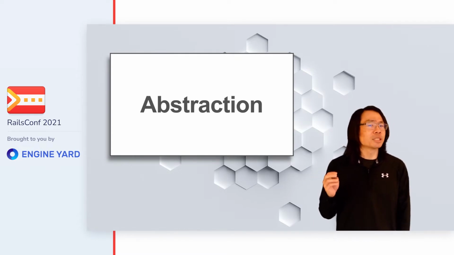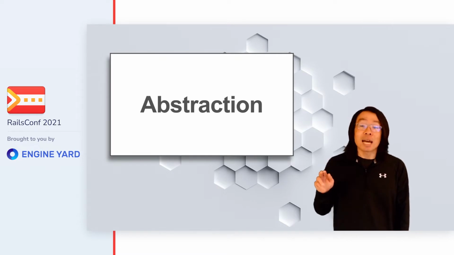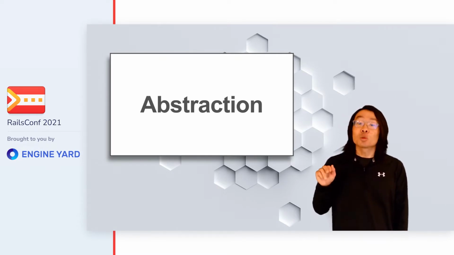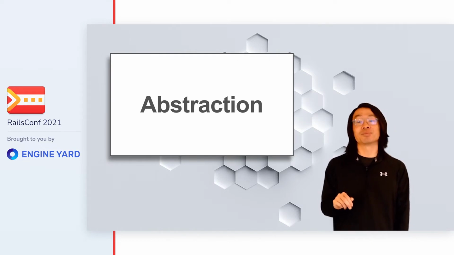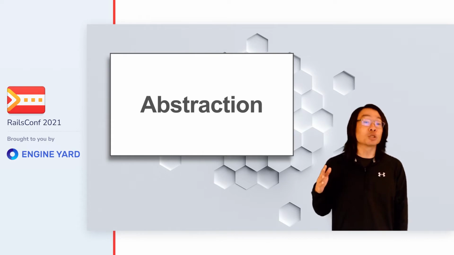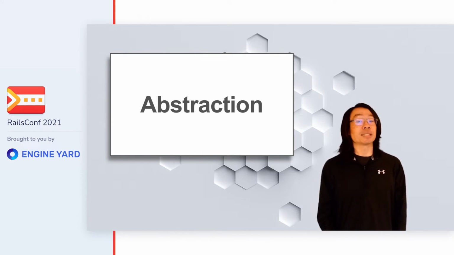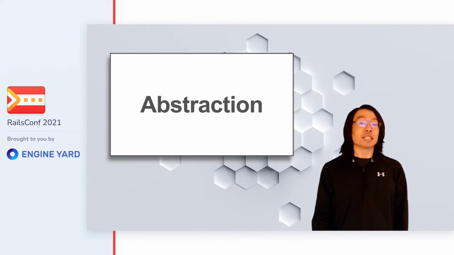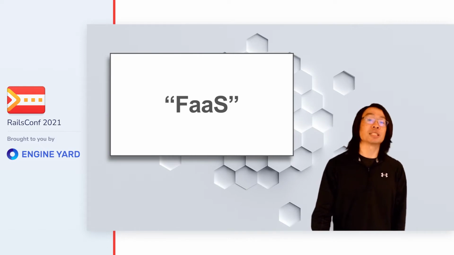And it's crucial to understand this, because what's happening today, with these new hosting products, is they're creating new infrastructure abstractions, and we have to understand that in order to understand how and when to use them. So let's take a look at a very different kind of cloud service: functions as a service.